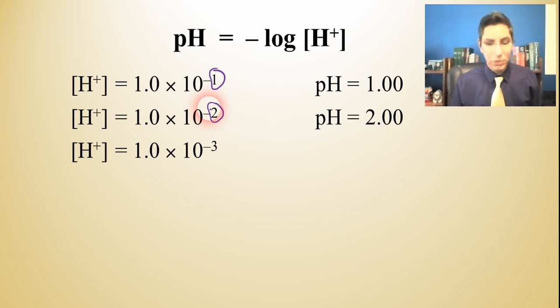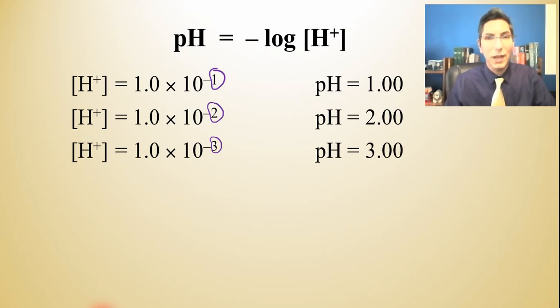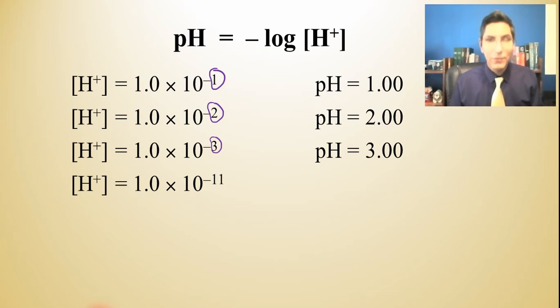And what about this? If H plus is 1 times 10 to the minus third, it's getting more dilute. Well, guess what? The less H plus there is, the pH keeps going up, doesn't it? So the pH would be 3 this time. If H plus is 1 times 10 to the minus 11th, then the pH is just that number right there. It's 11, isn't it? So we can just keep on doing this.